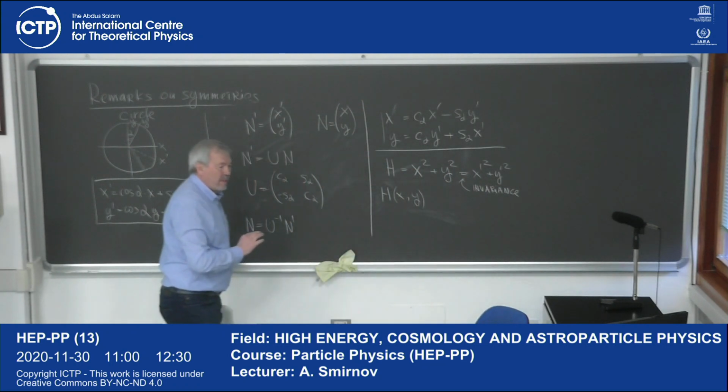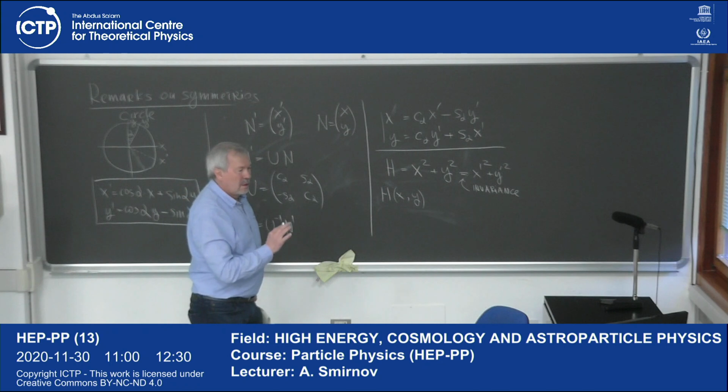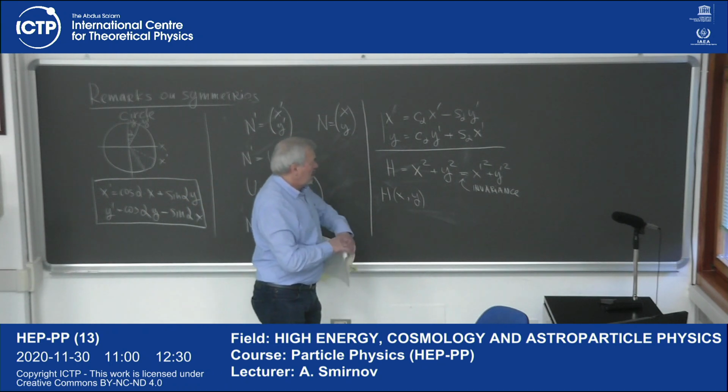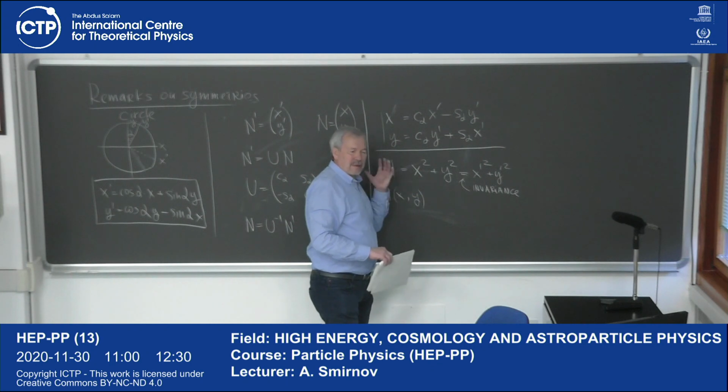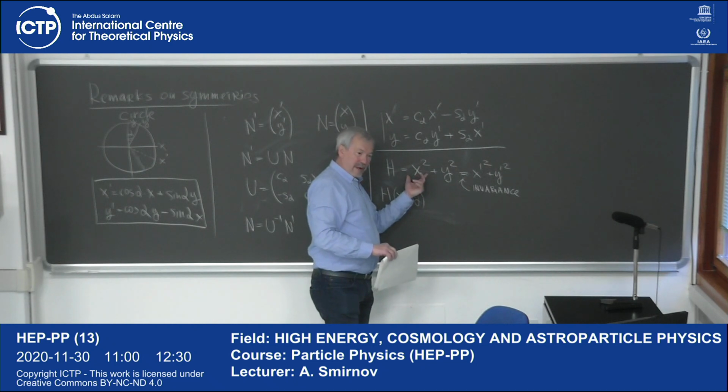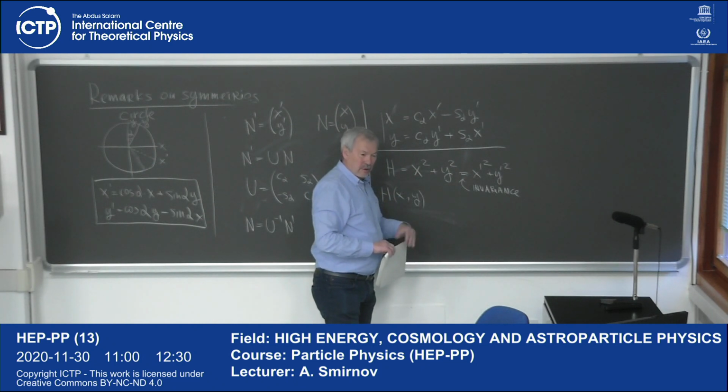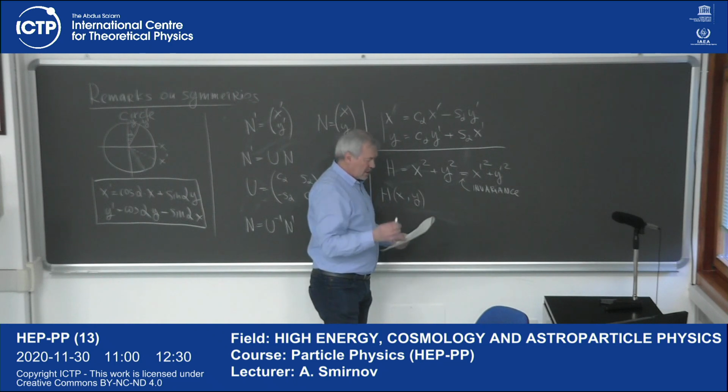Invariance means that the equation which describes our Lagrangian or circle doesn't change its form, shape, when you transform from the old variables to new variables. And so this is invariance with respect to transformations.